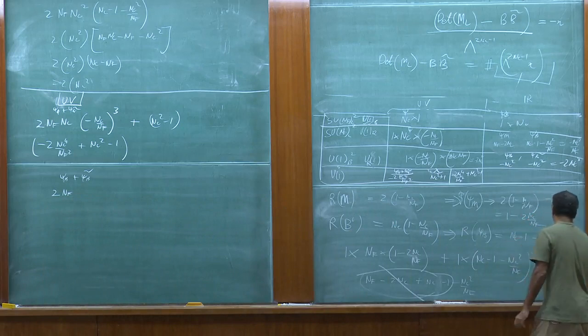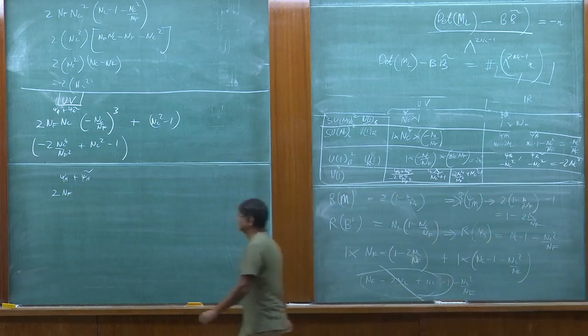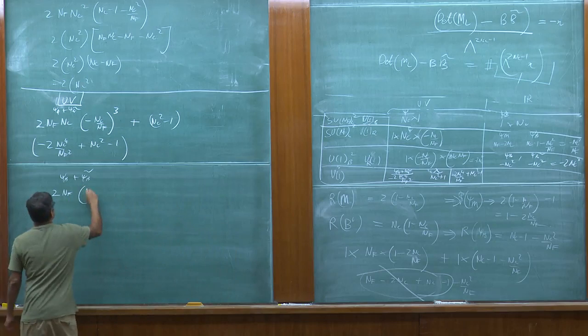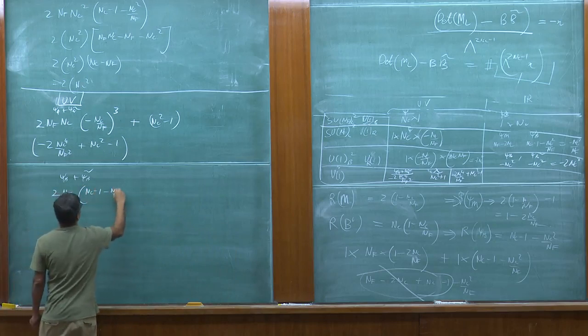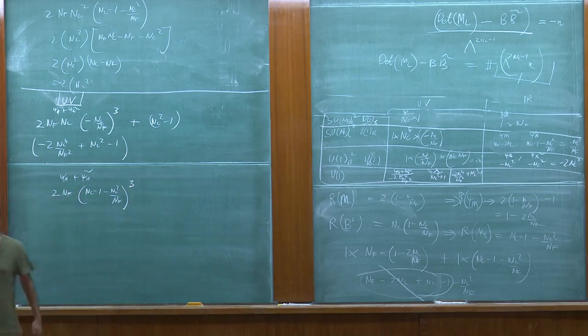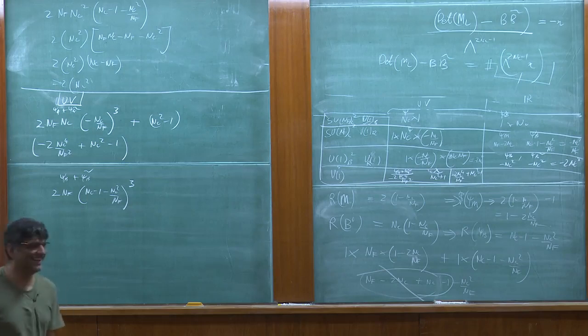NC minus 1 minus NC squared by NF. Okay, we need Mathematica here. So this is psi B plus psi B tilde.